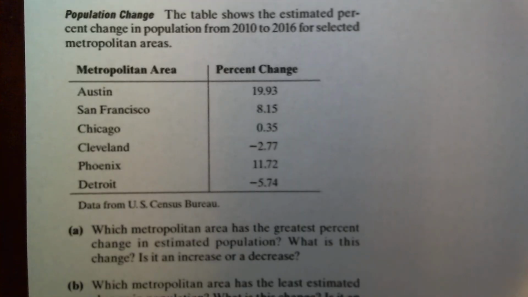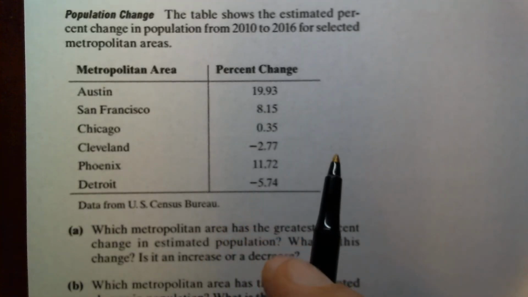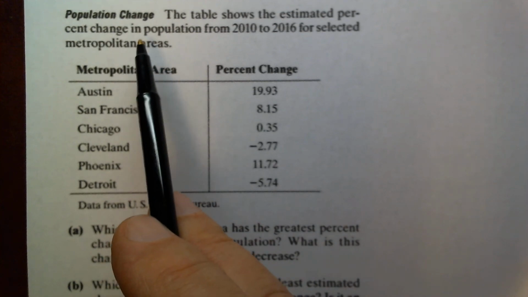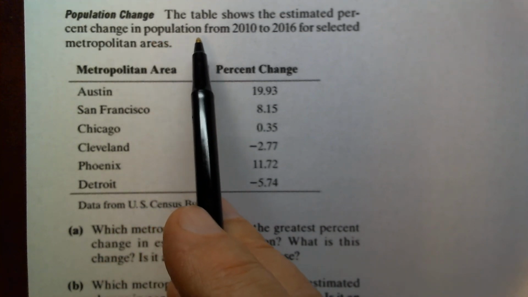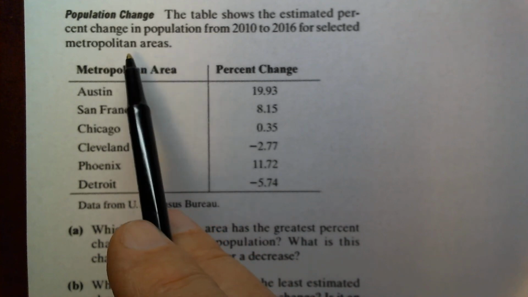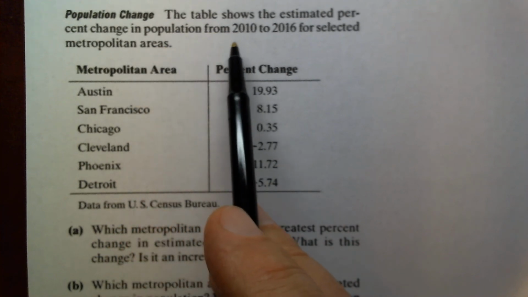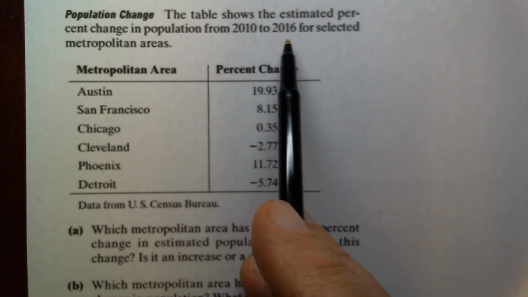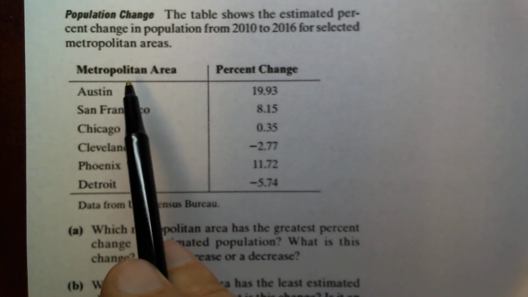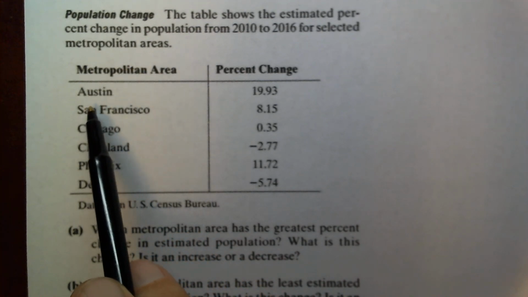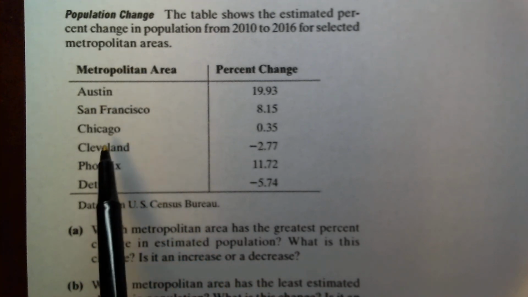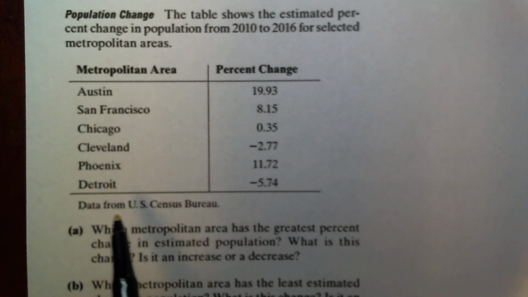So here's an application for changes, and the first one is about the population change, and the table shows the estimated percent change in population from 2010 to 2016 for selected metropolitan areas. And here are the various areas: Austin, San Francisco, Chicago, Cleveland, Phoenix, and Detroit.